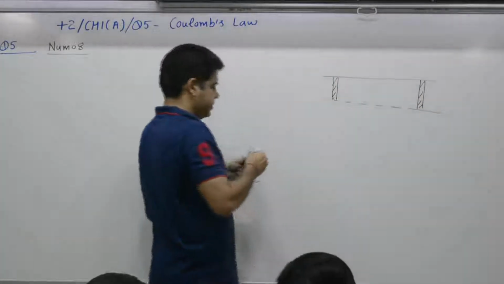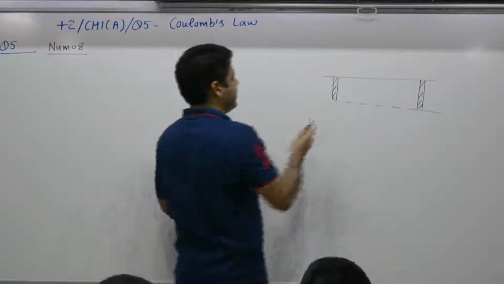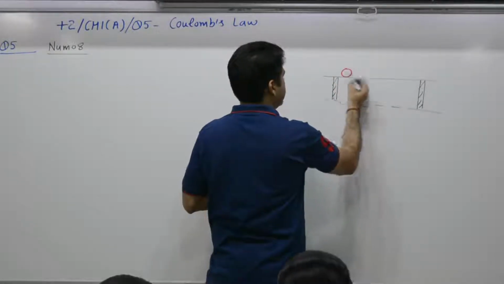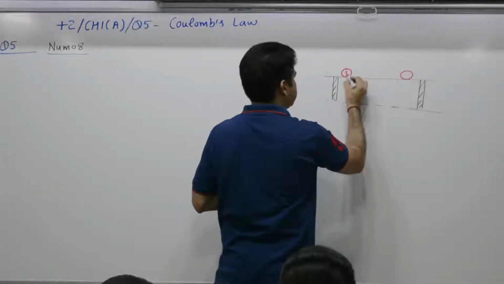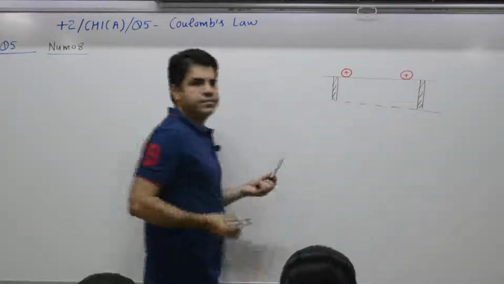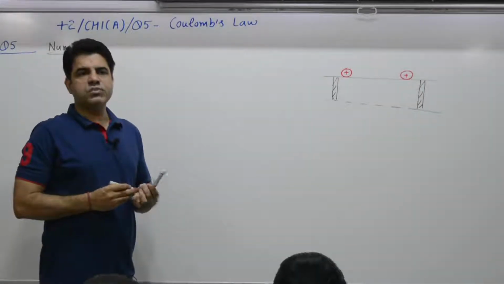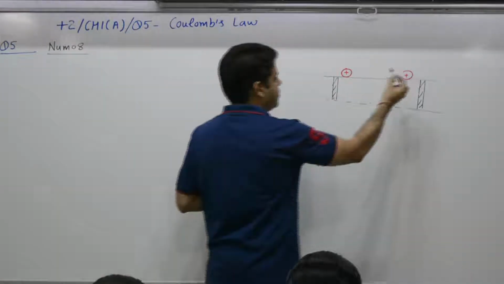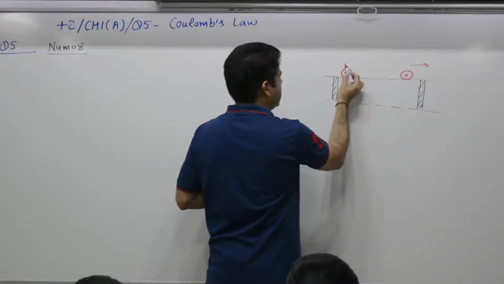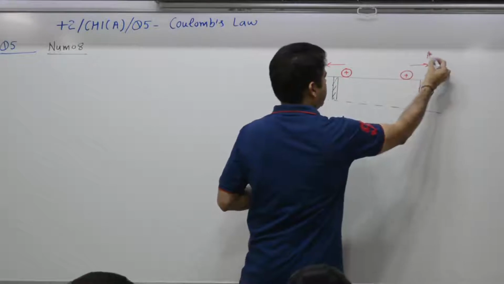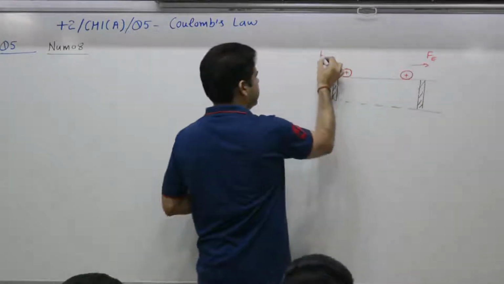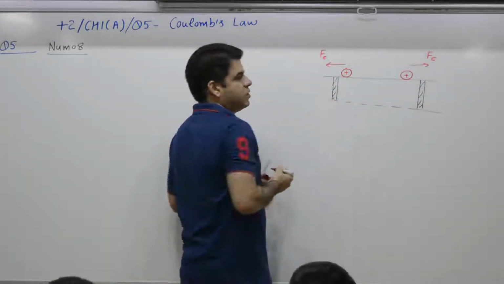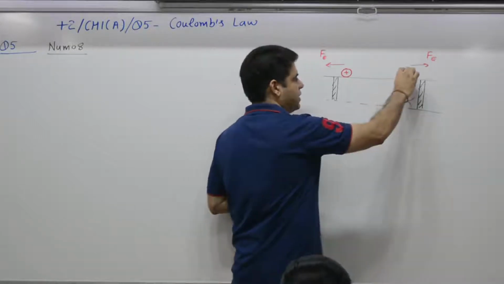How many particles? Two particles having equal mass and equal charge. Suppose both are positively charged. The force between the two is what? Repulsive. Positive will repel. Coulomb's force or electric force is repulsive. Let us take into account this particle.